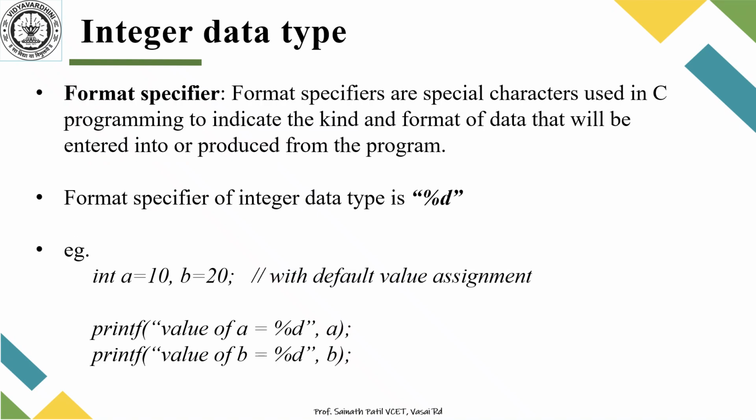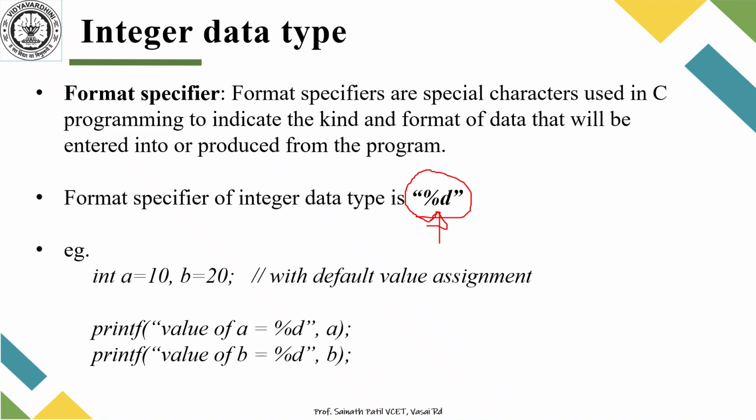Format specifier is nothing but it tells the compiler what kind of data will be entered or will be produced from a particular variable. So for the integer data type, the format specifier is %d. That means wherever %d comes, the compiler understands it is an integer variable. For example, here I declare int a is equal to 10 and b is equal to 20 with default values.